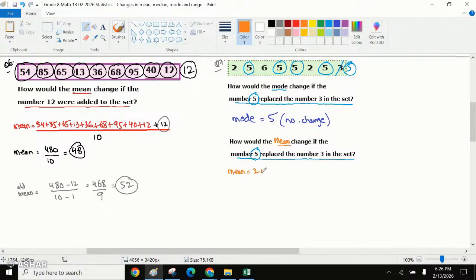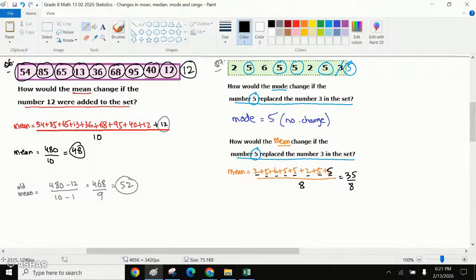That would be 2 plus 5 plus 6 plus 5 plus 5 plus 2 plus 5 plus 5. The last number was being added additionally. 1, 2, 3, 4, 5, 6, 7, and 8. So 2 plus 5, 7, 7 plus 6, 13, 13 plus 10, 23 plus 12, right? That is 35.